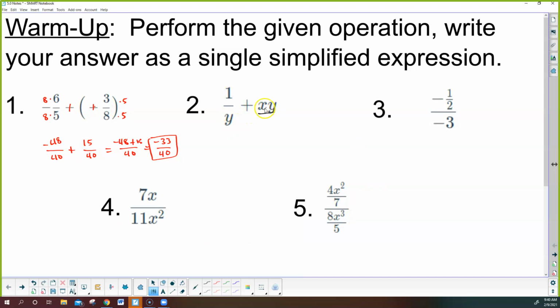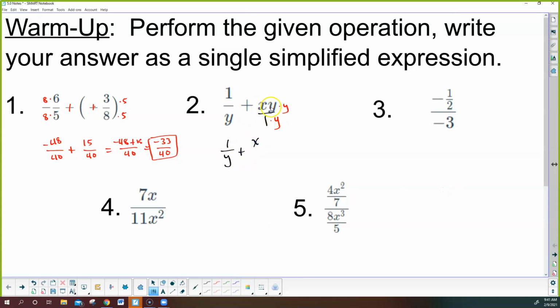Well, I have a fraction plus a number, technically. I want to think of this as a fraction plus a fraction. And my rule for adding fractions is I need the same denominator. So this one needs a denominator of y, and the only way to get that is to multiply the top and bottom by y. All right? So if you want to rewrite this, you can.